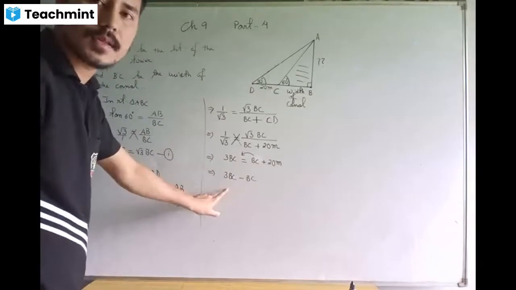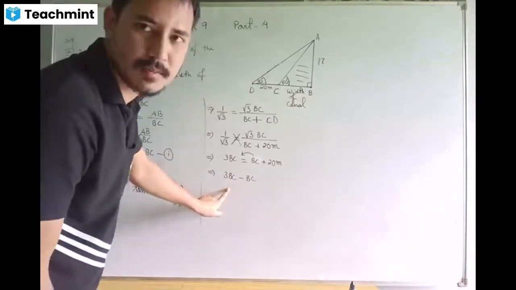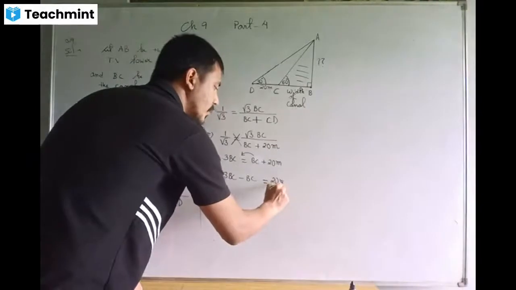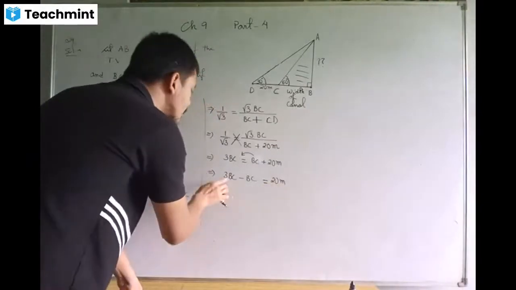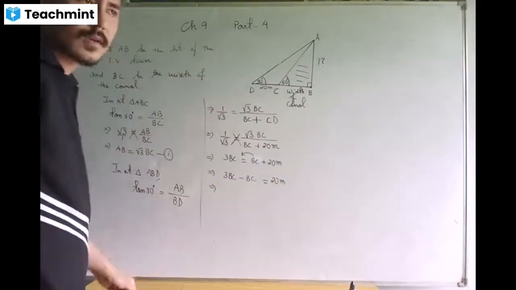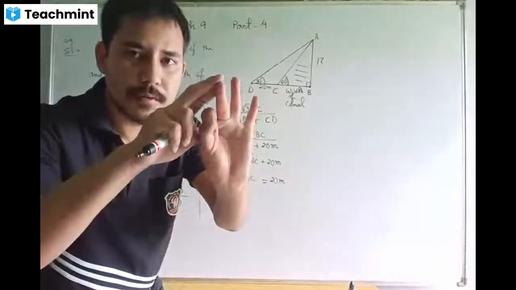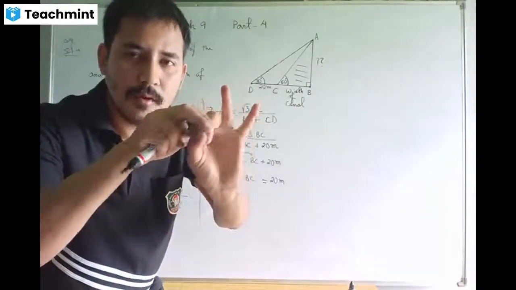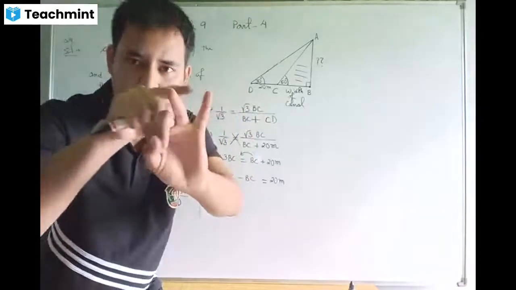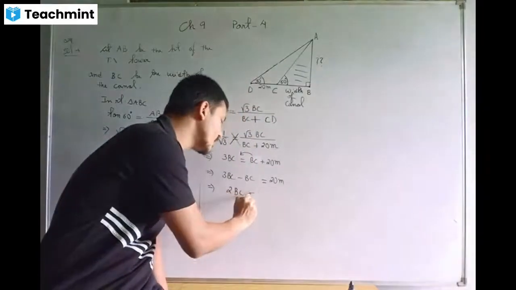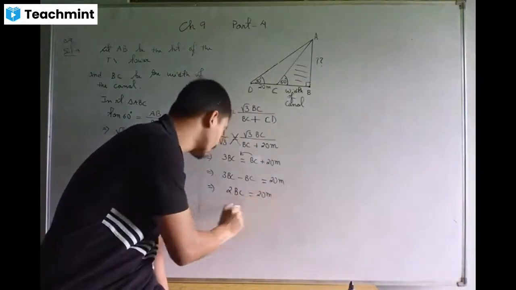BC, you assemble them together like the Avengers assemble, is equal to 20 meters. 3 BC minus BC: if you remove 1 BC, then we have 2 BC, right? So twice BC is equal to 20 meters.